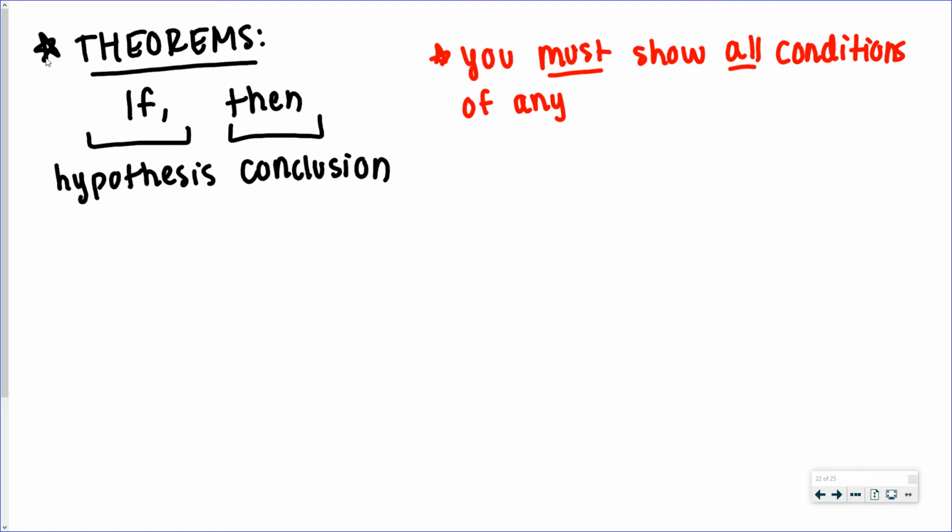So you have to prove or show, hey, this function they gave me does fall under this hypothesis because of this, therefore we can conclude whatever the theorem is trying to show you.